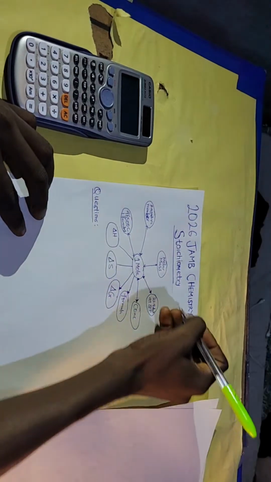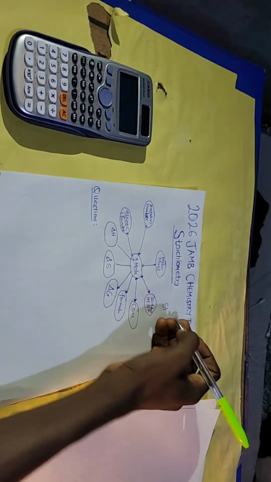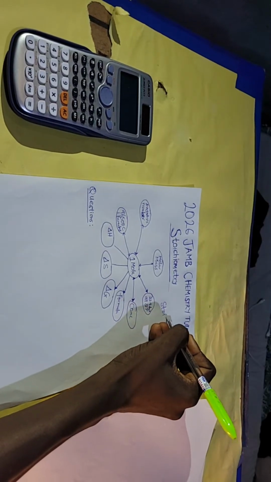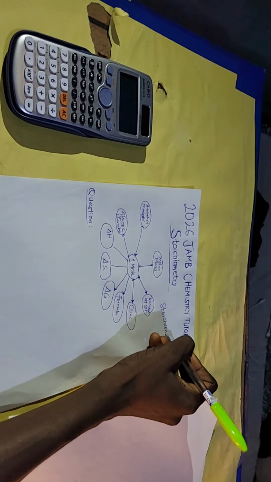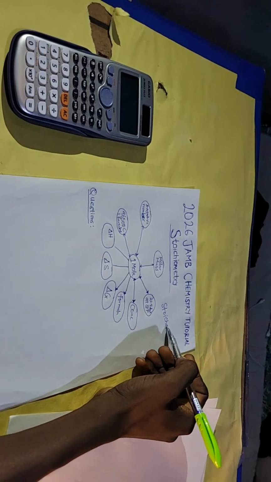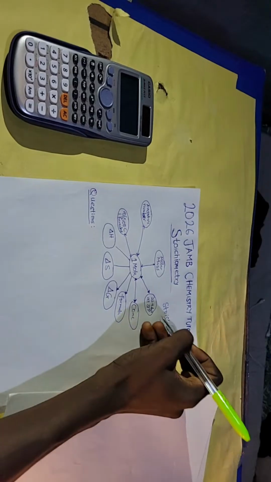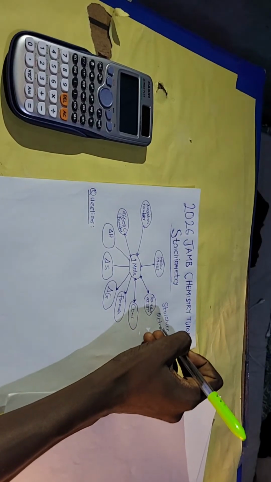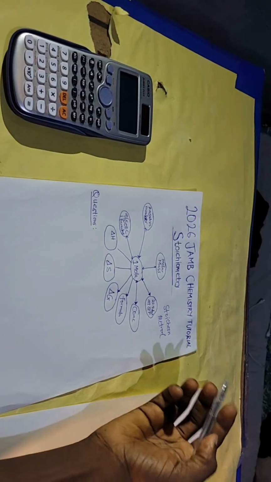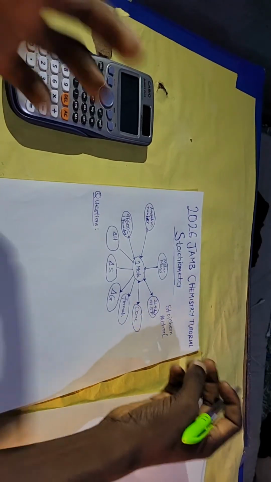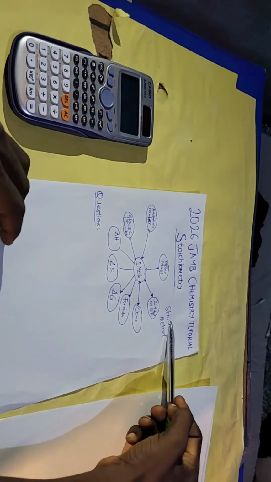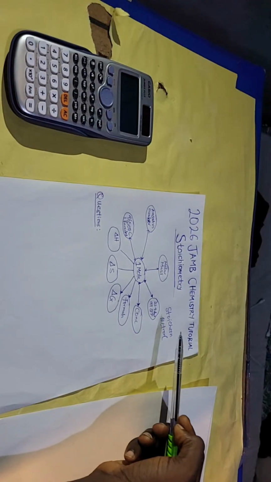The first one is stoichion, which means atoms, and the second one is metron, which means measurements. That is where the word stoichiometry comes about.